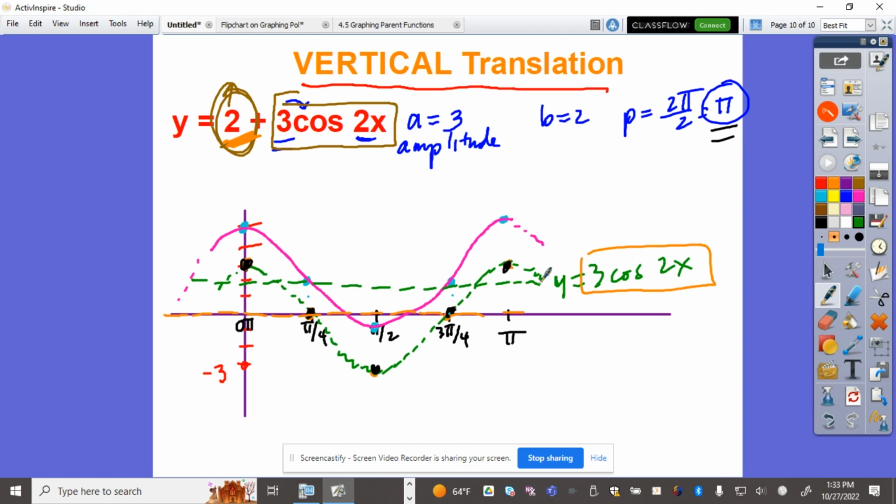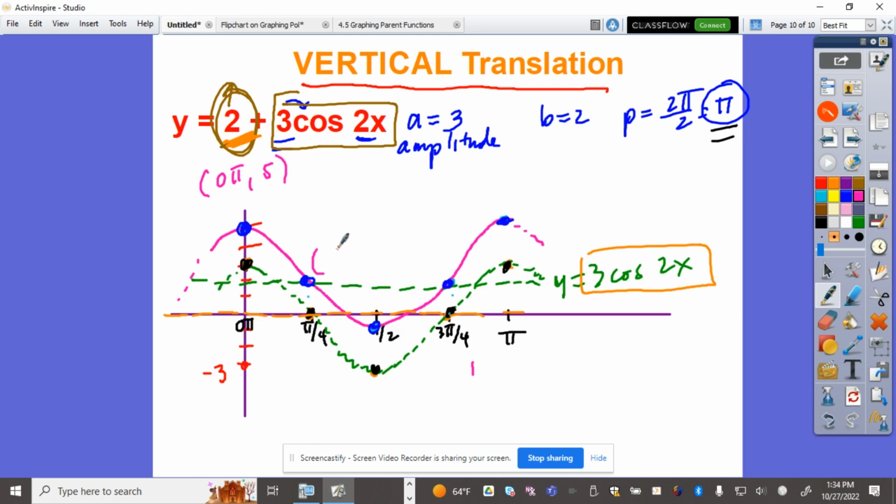Now we have to find the key points. We know that the key points here are these blue points. This is 0, 5.